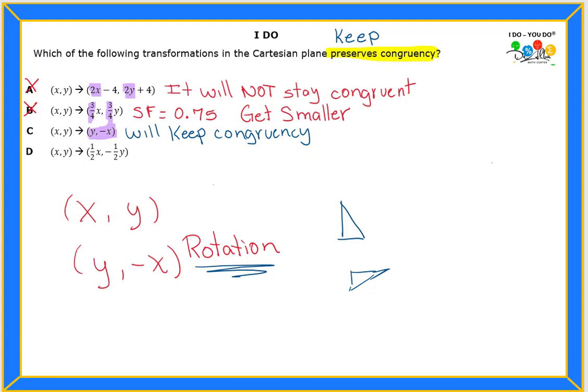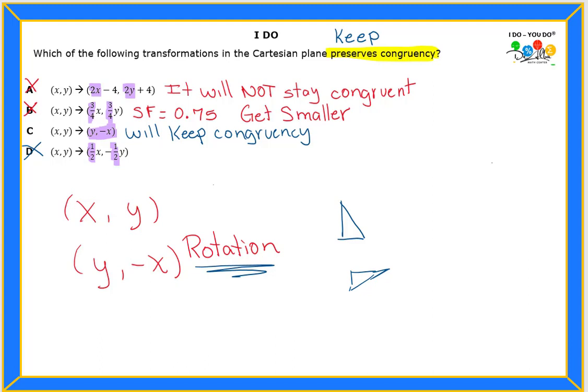Let's look at letter D. Well, letter D, you are multiplying the y by a negative 1/2 and the x by a positive 1/2. And in either of these cases, anytime that we talk about a scale factor, the x and the y need to be multiplied by the same number. So letter D is not even going to happen for us, okay?